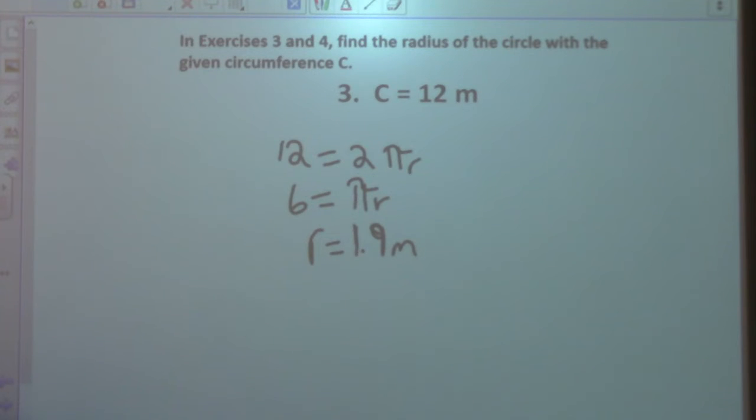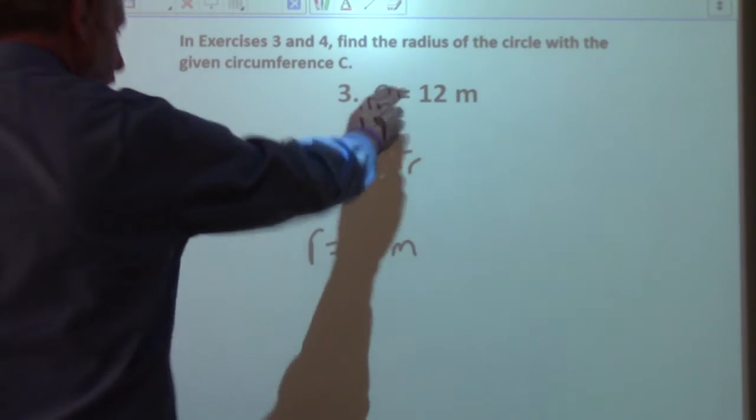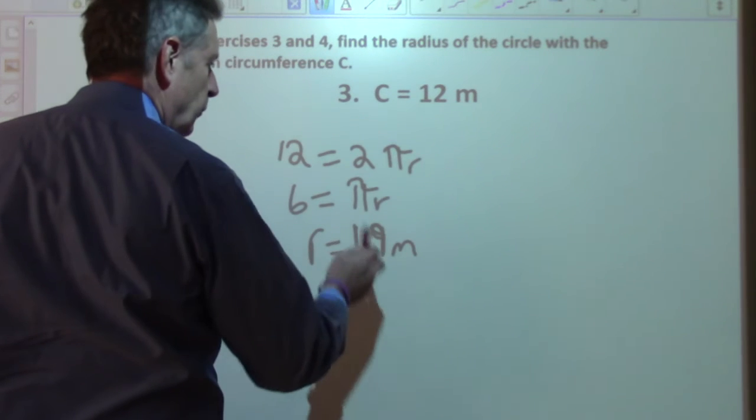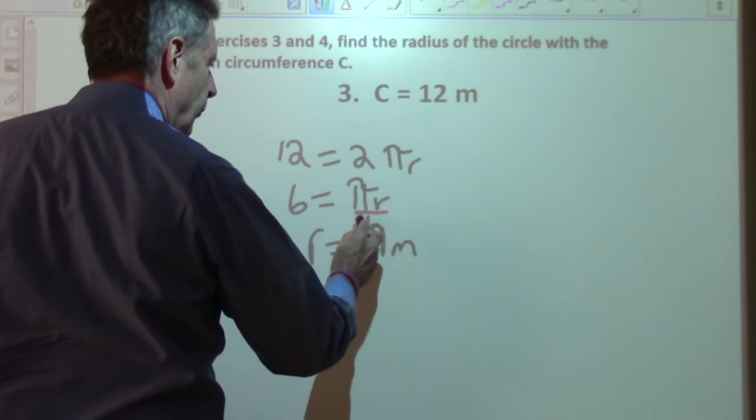Yeah, kind of good. All right. The only thing I'd like to do is let's make sure that we know we're dividing by pi, right?